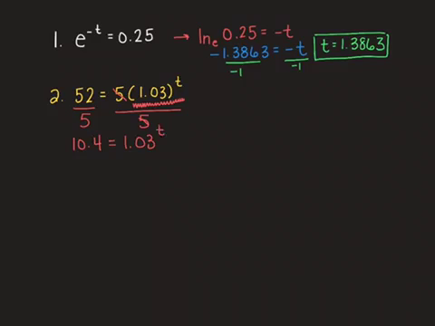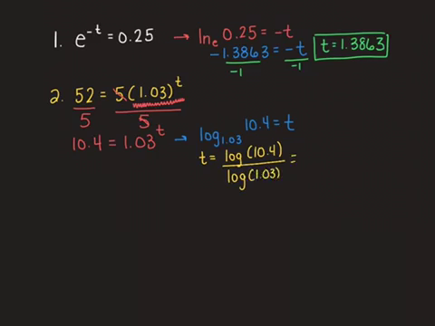Now that I have the exponential part alone, I can rewrite it as a log. So log base 1.03 of 10.4 is equal to t. And then I can just use change of base. So t is equal to the log of 10.4 divided by the log of 1.03.